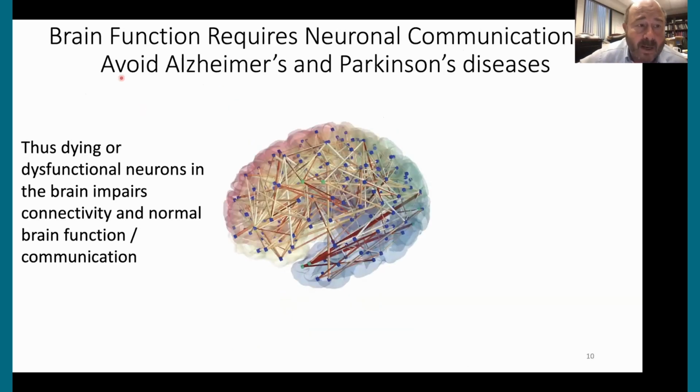So now, regarding the central nervous system diseases, the principle is pretty simple. In order for the brain to work, the neurons have to undergo these massive communication networks. And once aggregates start to cause neurons to drop out of the central nervous system, then of course you start to have cognitive dysfunction.